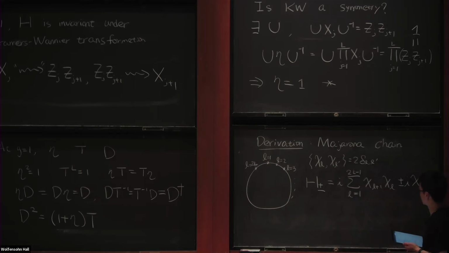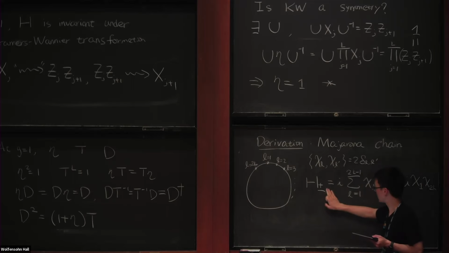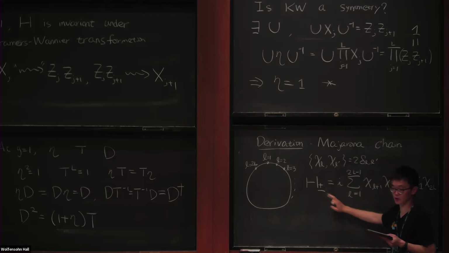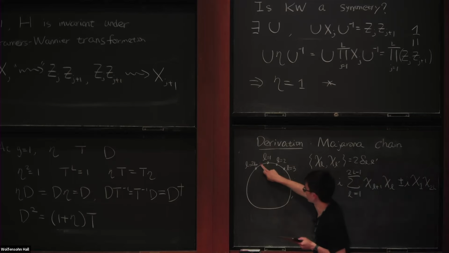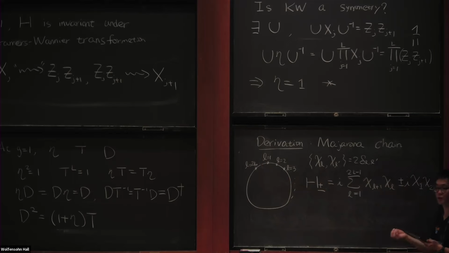All right. So for the plus Hamiltonian, I have the same sign for every term, but I'm also going to consider a different Hamiltonian where I put a minus sign in one of the terms. And you can view this minus sign as putting a defect somewhere on your chain. It's a local modification of your Hamiltonian.